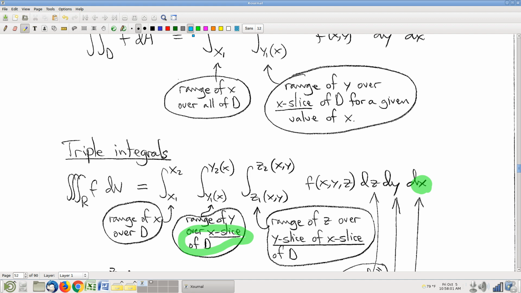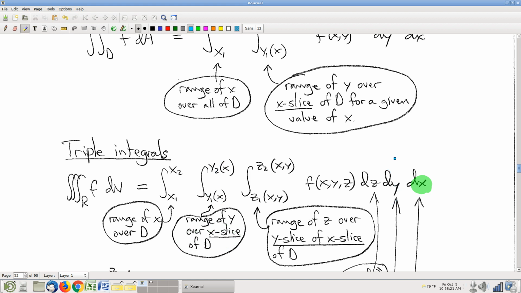On that x slice, we're going to then look at the resulting range of values of y. Now, just like with a double integral, that means that the y bounds are going to depend on x. Different value of x, different x slice, different range of values of y. And then repeat.